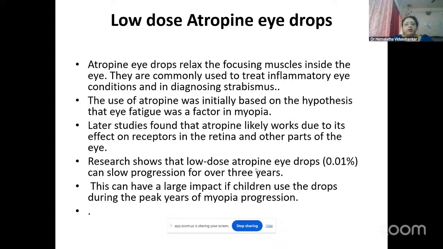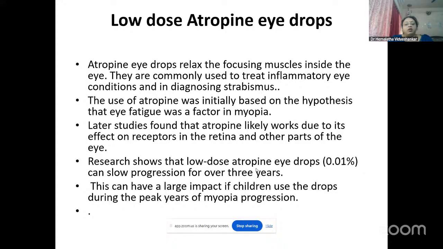low dose atropine drops. Atropine was initially used for relaxing the eye muscles, and it was used to treat inflammatory eye conditions. Then there was a hypothesis that maybe by relaxing the eye muscles, atropine can control myopia progression. Later studies found that atropine is likely to work on its receptors in the retina and sclera, and it in some way prevents eyeball elongation.